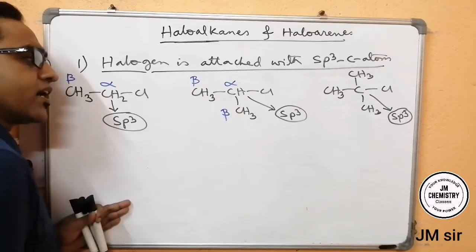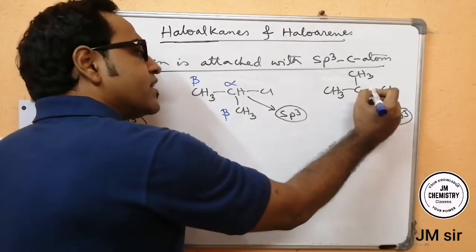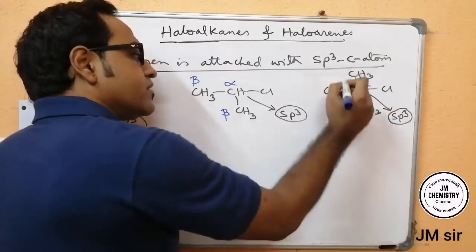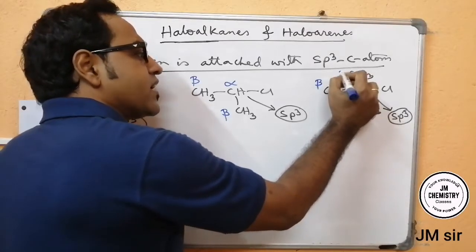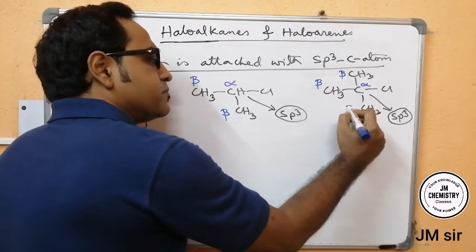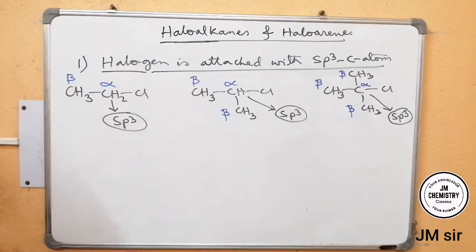Here the middle carbon is the alpha carbon, the next one beta, next to alpha is beta. So the rule is the halogen attached with the carbon is called alpha carbon, the next carbon is beta carbon, the next one is gamma, and the next one is delta. Like this it goes on.